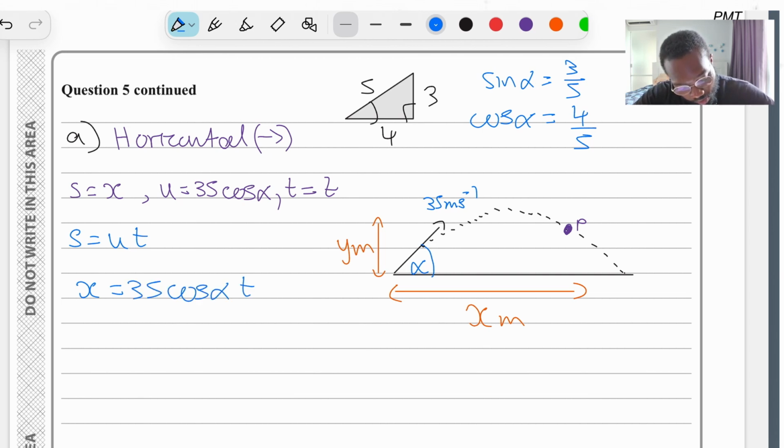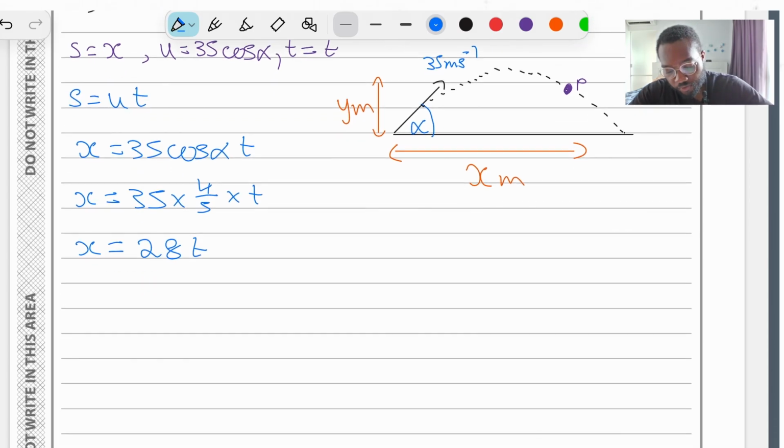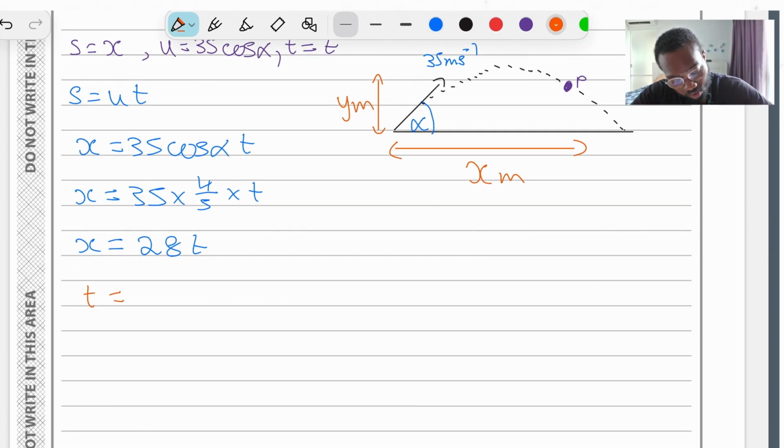And therefore x would equal 35 times 4 over 5 times t, which would give me x equal to 28t. And we want an expression for t, so t is equal to x over 28. So we know that at this point where P is, it's going to be at a time of x over 28 seconds.